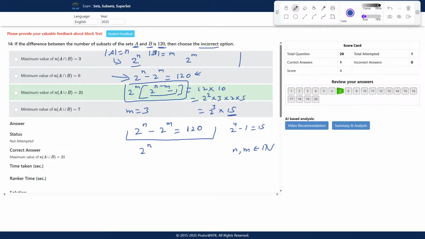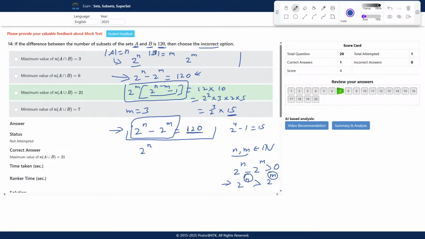Yes. As both are natural numbers, and 2 raised to power some natural number minus 2 raised to power some natural number equals 120, which is a positive number, what I conclude from this equation is that the difference is positive. Meaning 2 raised to power n minus 2 raised to power m is positive, so 2 raised to power n is strictly greater than 2 raised to the power m, meaning n must be greater than m. Agree? I hope it is clear.